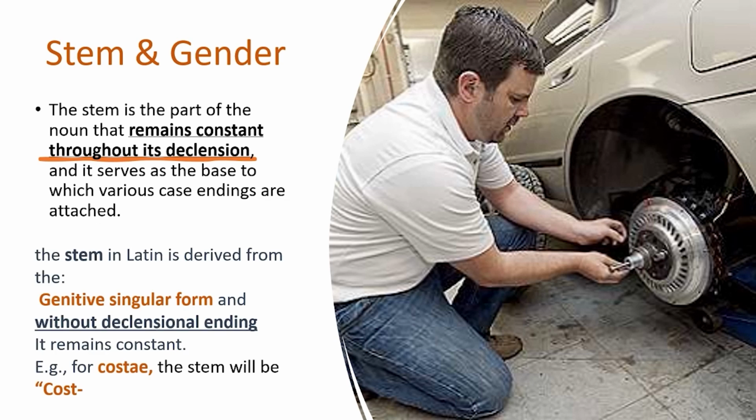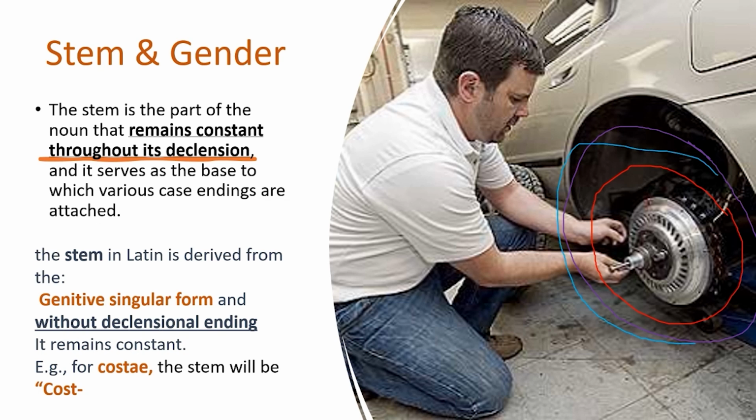As you can see on your right, this gentleman is sitting by a car and he's doing something with this hub. Now this is analogous to our stem. Why? Because irrespective of what tire or brand of tire you want to put here, you can change the brand, you can change the color, or whatever you want.